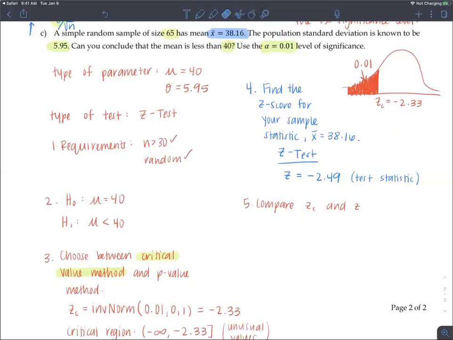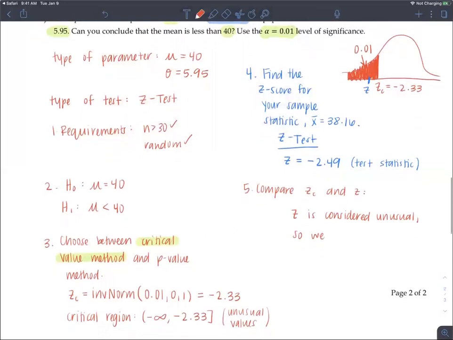So negative 2.49 is right here. Because it's in our region of unusual values, z is considered unusual. So do we reject or not reject? Yeah, you're going to reject H naught.